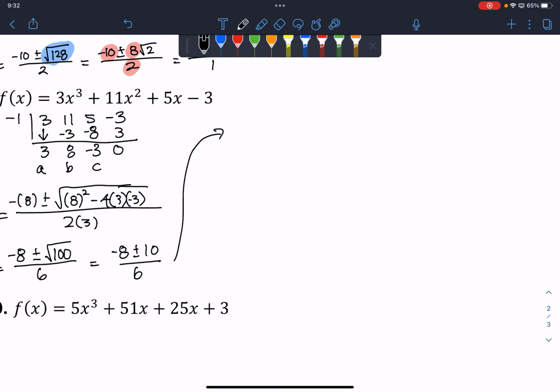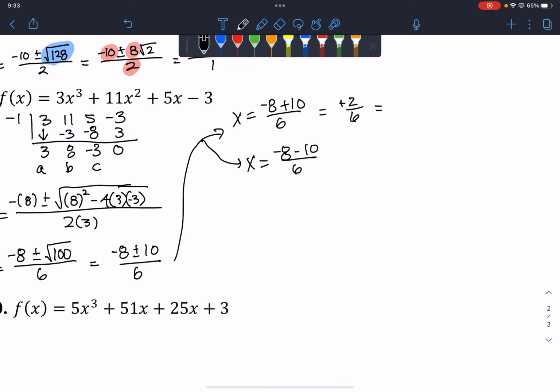We have that x is equal to negative 8 plus 10 divided by 6. And the other possibility is that x equals negative 8 minus 10 divided by 6. Negative 8 plus 10 is equal to positive 2 divided by 6. That reduces to 1/3. The other subtracts to negative 18 divided by 6, and that equals negative 3.